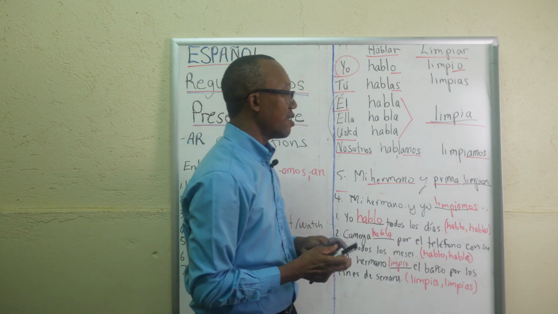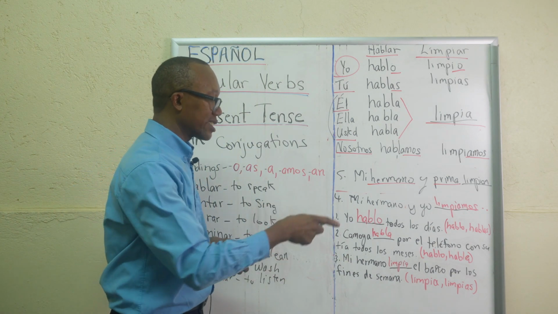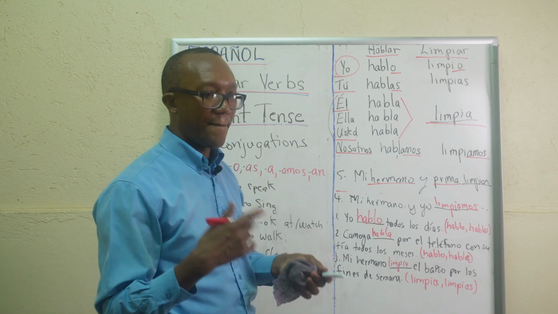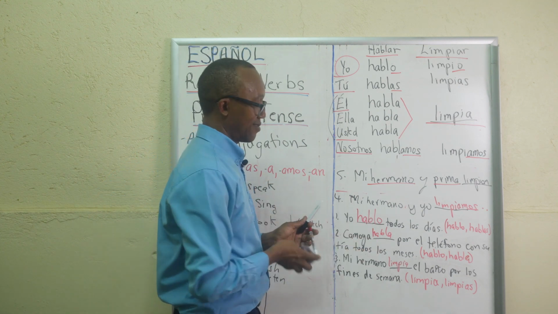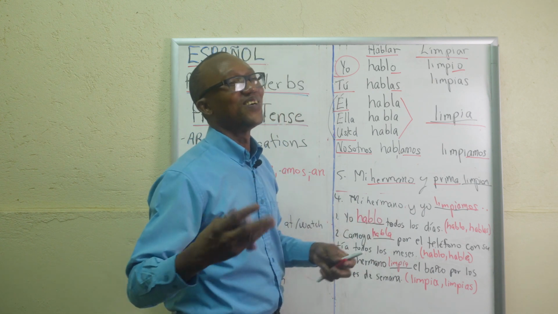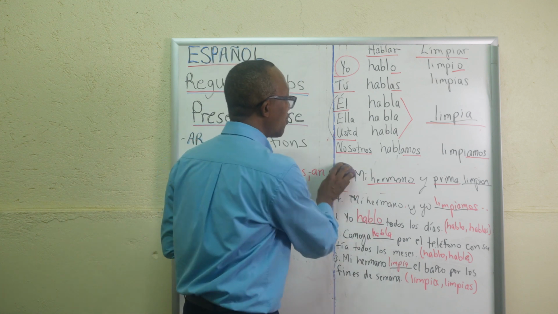So mi hermano y prima limpian el baño por los fines de semana, or todos los días, or todos los meses, every month, not so good to clean every month, but todos los sábados, every Saturday, see?